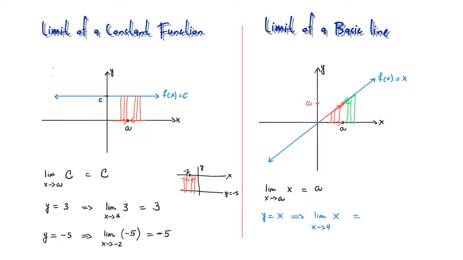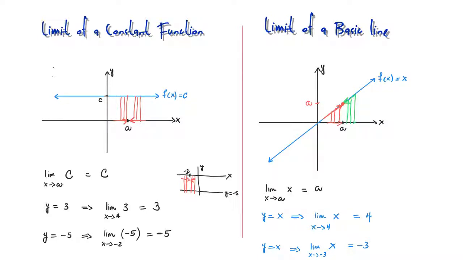Then I know that immediately the limit is going to be equal to 4. Again, my graph is y equals x, and somebody asks, what is the limit as x approaches -3 of x? Then I know that the limit is going to be -3.